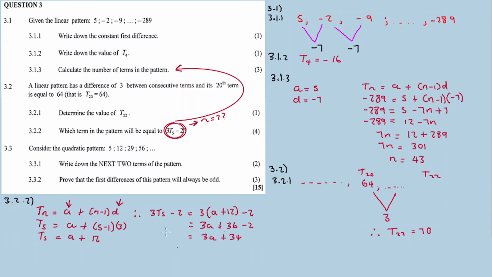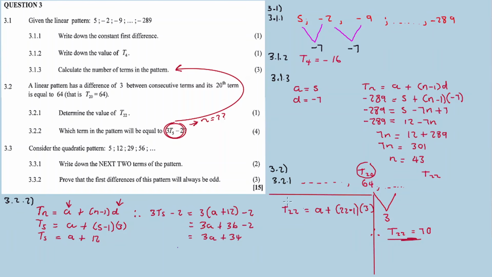We can calculate a using T20 or T22, but I will use T22. Now T22 is equal to a plus 22 minus 1 times 3.